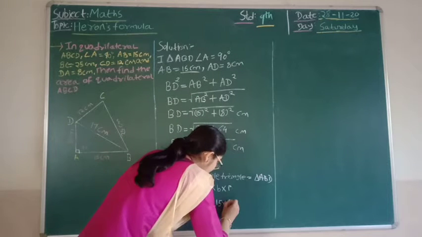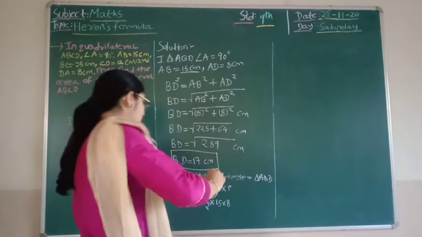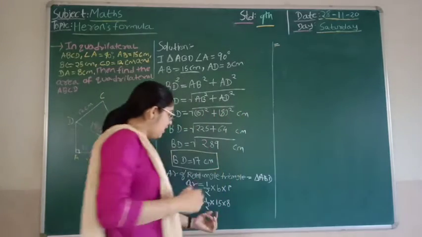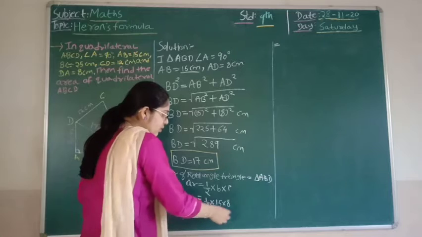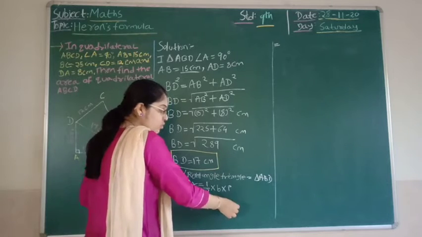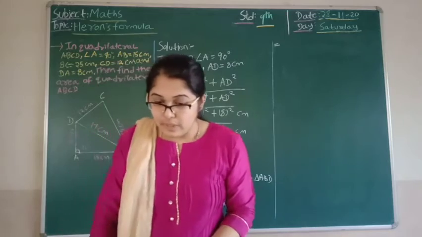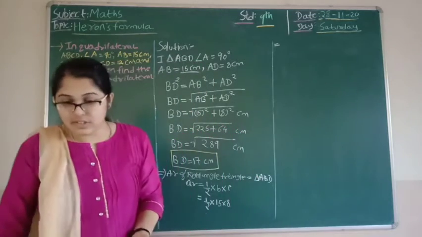15 multiplied by 8, and the answer for this will be, if I cancel out 2, 2 fours are 8, and 15 multiplied by 4 will be equal to 60.